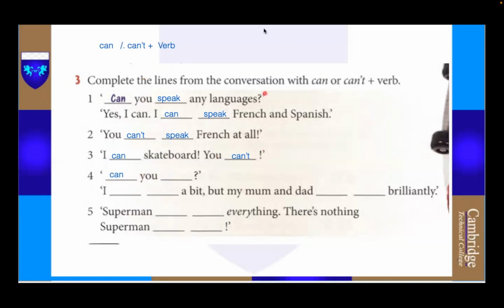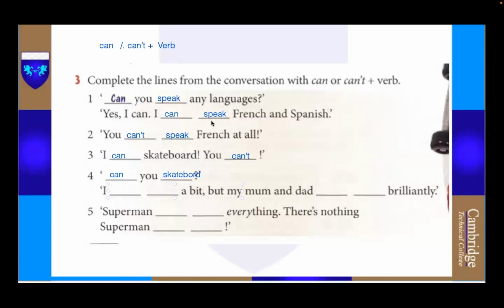Okay, so here can you skateboard, for example. What's the meaning of skateboard? skateboard يعني التزحلق على هذا تزحلق على السكيت بورد شو يسميه هذه البورد اللي فيه عجلات.